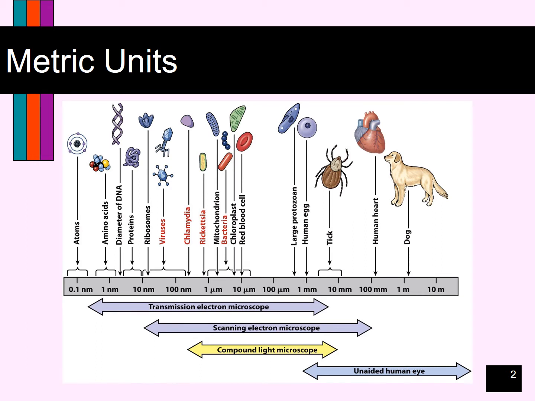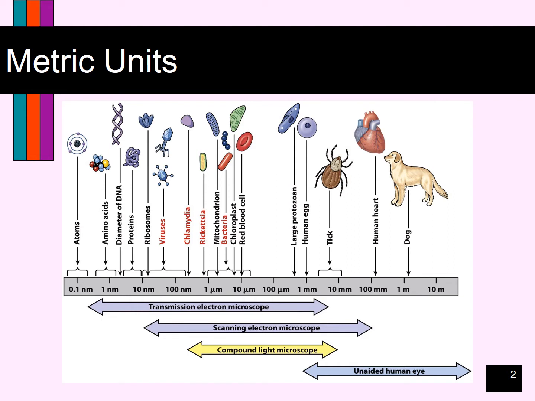There are two main types of microscopes, the light microscope and the electron microscope. We'll see that the resolution that we get with the microscope is based on the wavelength of the illuminating source.